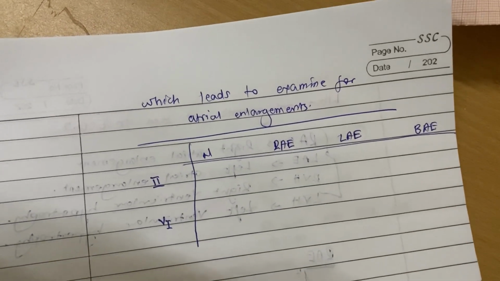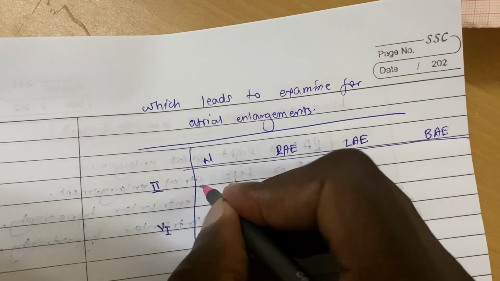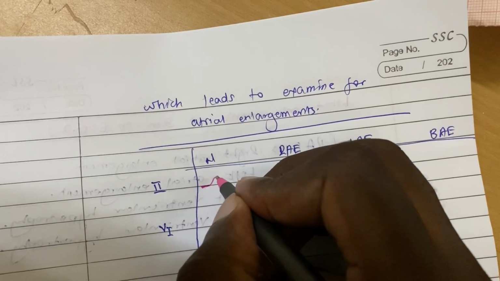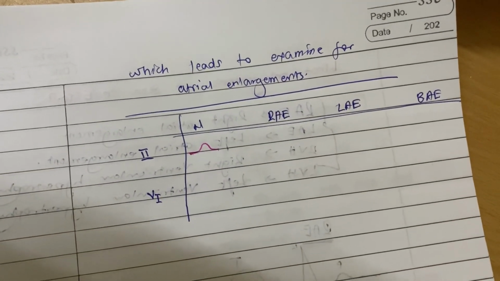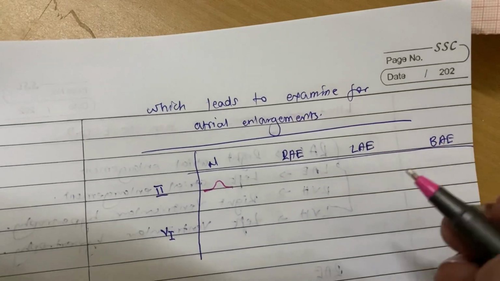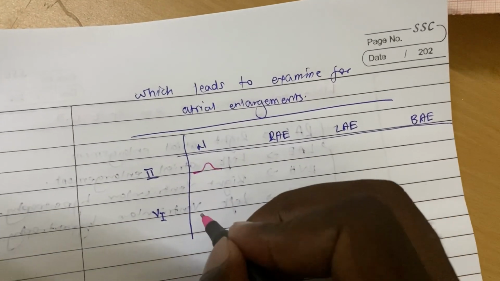So what is normal in lead 2? P wave should be like this. Then in V1, P wave may be biphasic or monophasic, but I'm going to use a biphasic one.